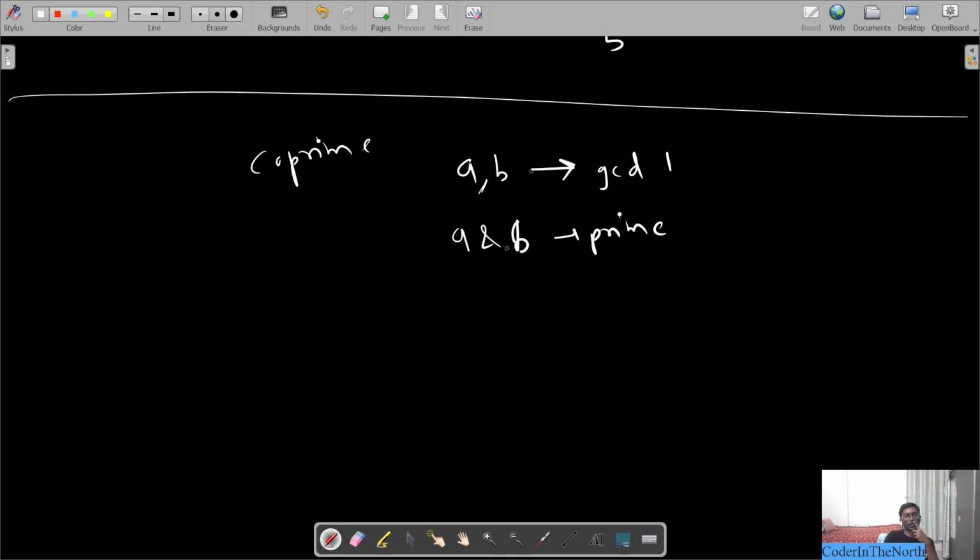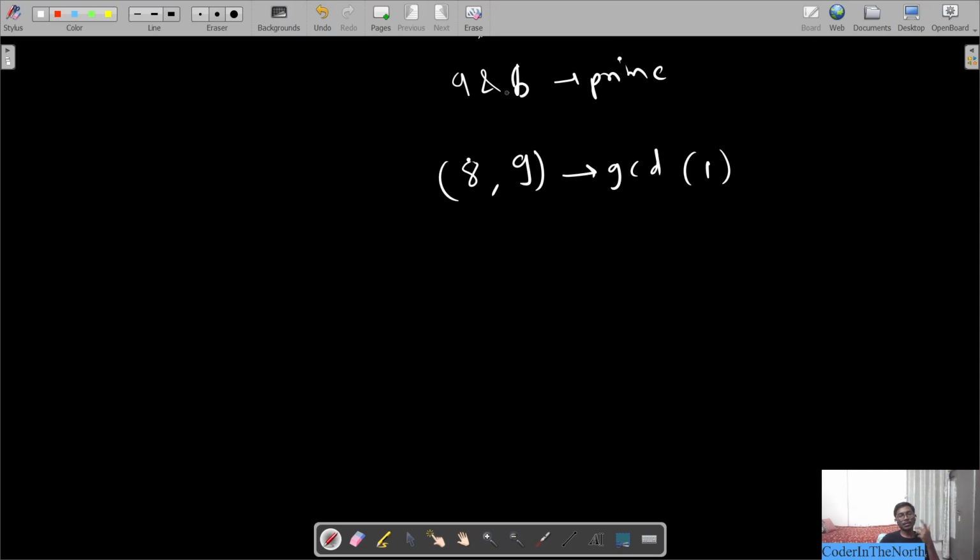Take a case like 8 and 9. Both numbers are not prime, but they are coprime because their GCD is 1. It's a universal thing that A and A plus 1 will always be coprime. Any consecutive numbers will be coprime.